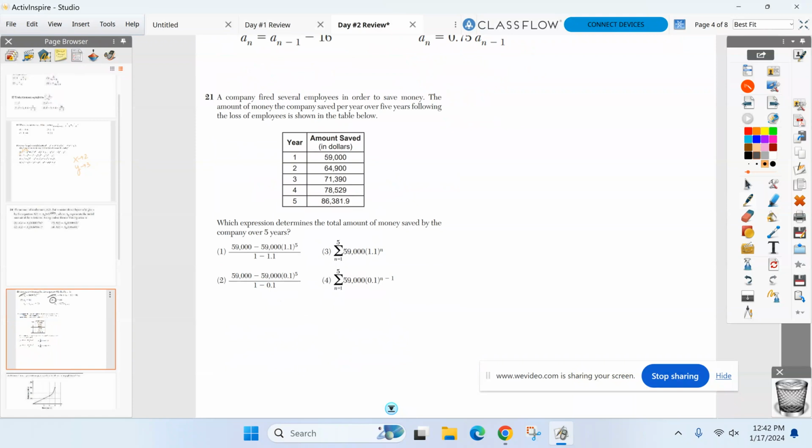Okay, which expression determines the total amount of money saved for the company over 5 years? Well, first of all, we need to know how much money was saved over 5 years. So everyone go to the table right now and let's figure out how much money was saved in 5 years, so I can see which multiple choice will match that number. There's nothing fancy here.